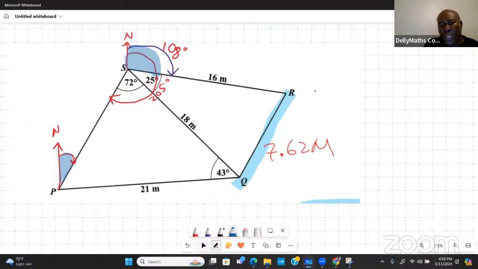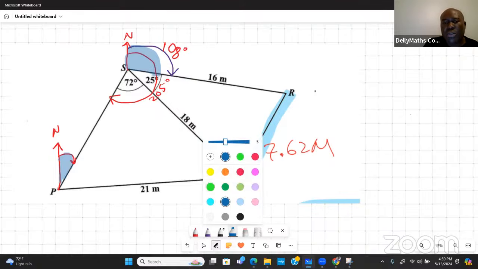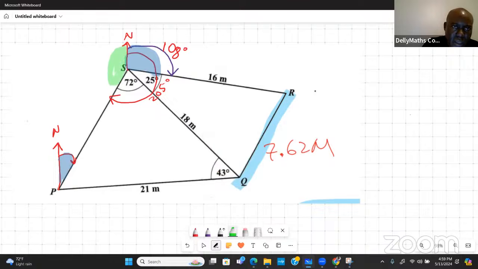There are many things that we could do. I'm going to color this piece. You see this green that I'm putting here? Right here is a full circle. If I take 205 from 360, I'm going to get my green angle here. This green angle is what I'm going to use to solve my problem.